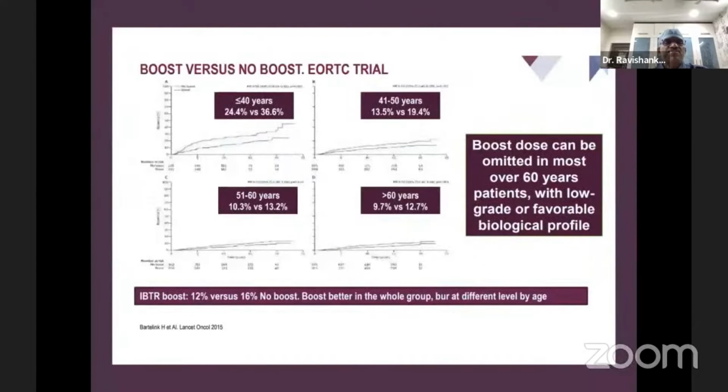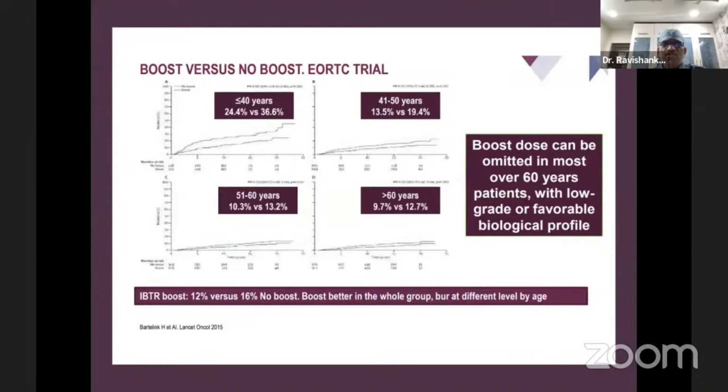So, boost versus no boost. We have a certain group of patients who may not require boost. That is, if the patient is more than 60 years or has a very low grade tumor, favorable biological profile, probably you can avoid boost. Why avoid boost in these patients?